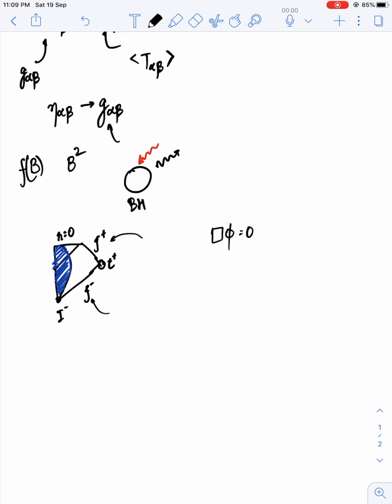If an observer is here, at both scri plus and scri minus we have time-like Killing vectors. Because of these different time-like Killing vectors, when we take quantum fields we do the separation according to the positive frequency with respect to the time-like Killing vector of scri minus and scri plus. We'll get two sets of fields.